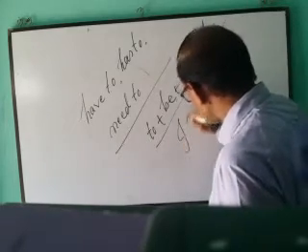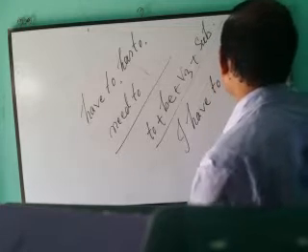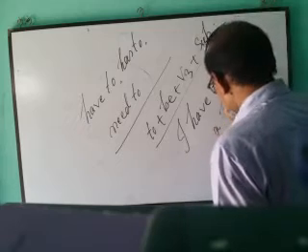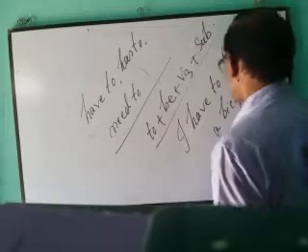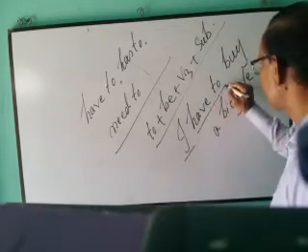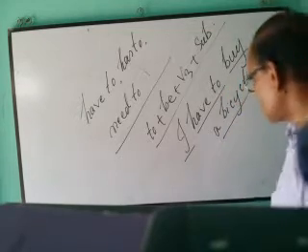Suppose, I have to buy a bicycle. Here I is subject, have to auxiliary verb, buy main verb, a bicycle object.